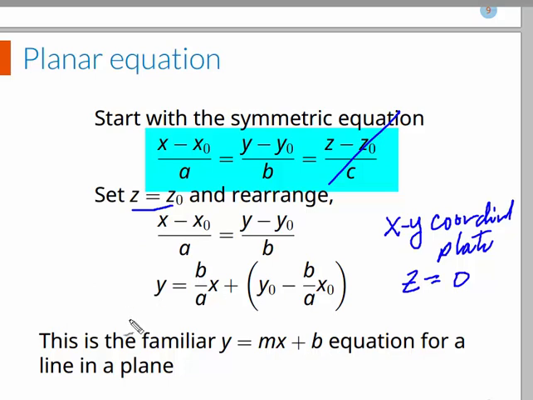It can be rearranged to solve for y, and we end up with the form y equals mx plus b. You can see the term b over a is just a constant that will take the place of the slope, and this other term here, y naught minus b over a times x naught, is also a constant, and it takes the place of b. So that's very reassuring that whatever we did in 3-space reduces to what we know and believe for 2-space.